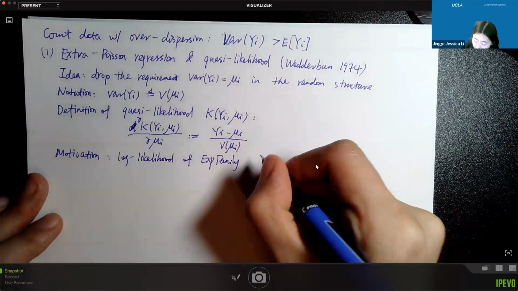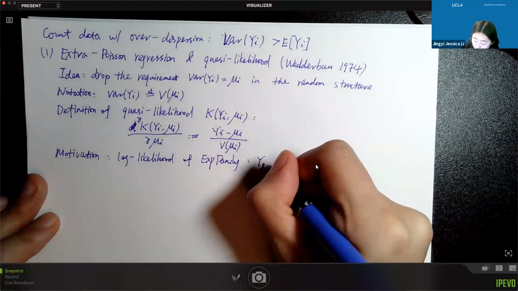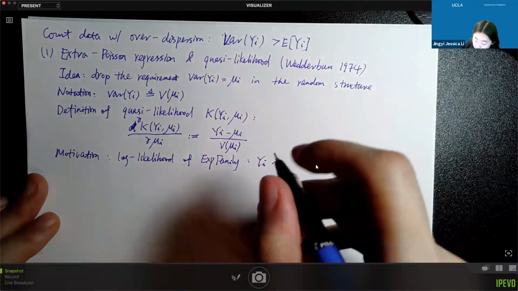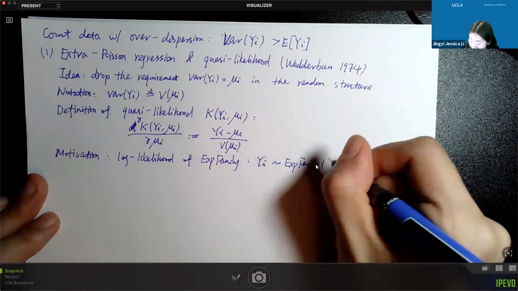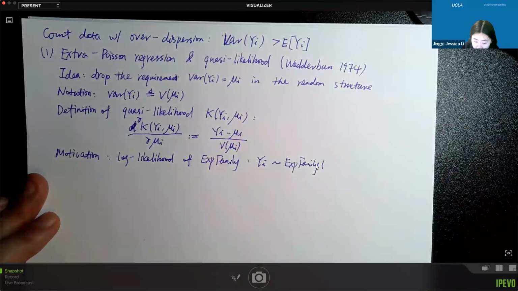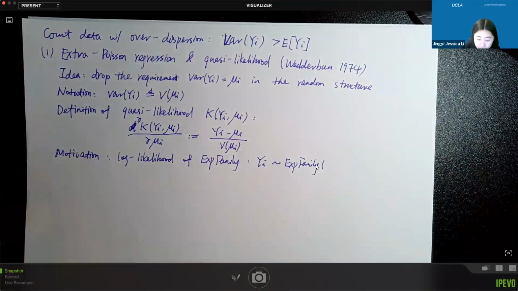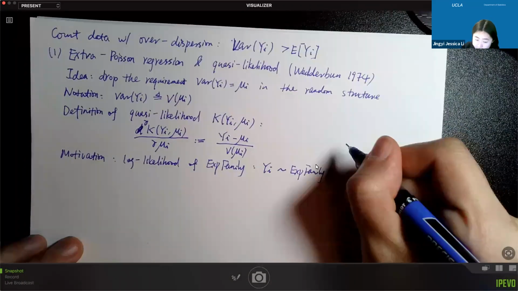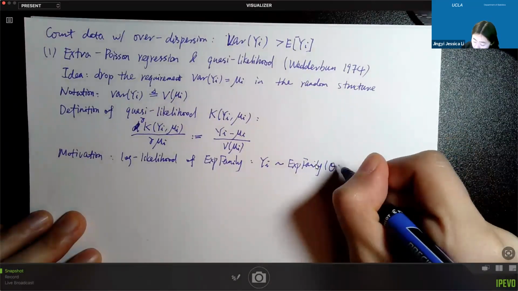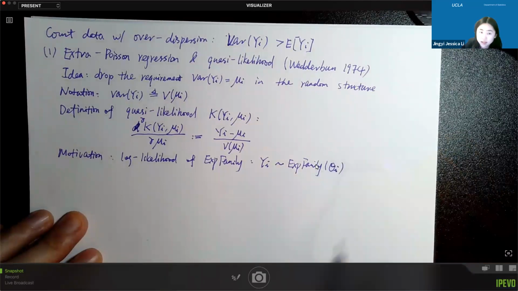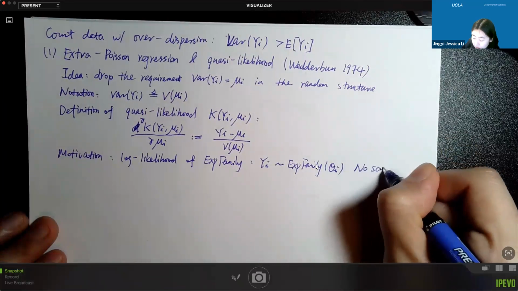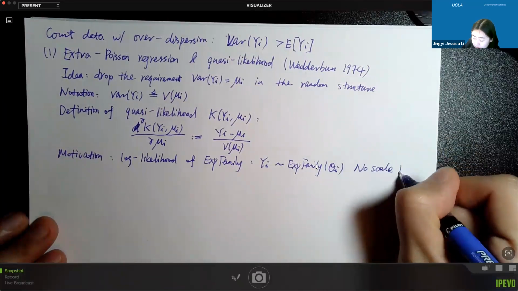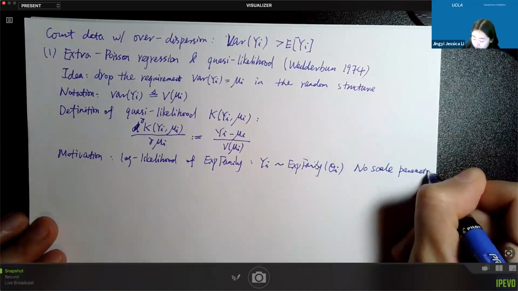So when we say yi follows a one parameter exponential family, with only one parameter, let's say just theta_i, so that we don't have a scaling parameter, just the location parameter theta_i.